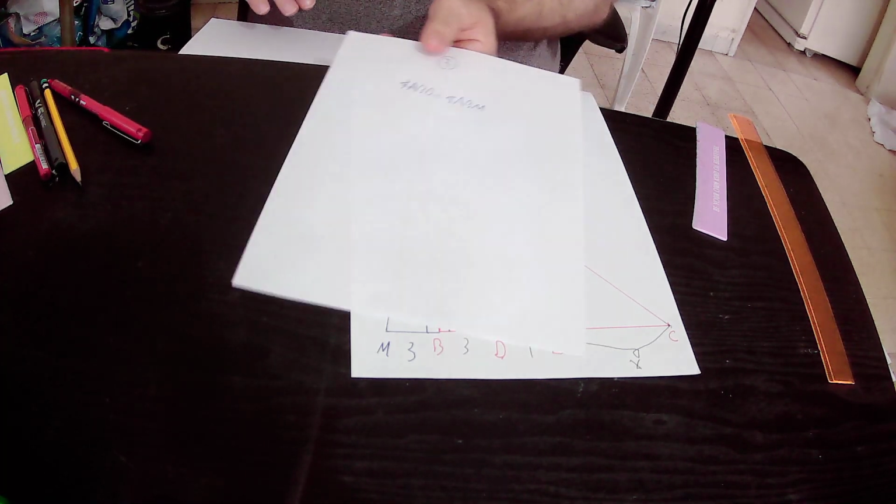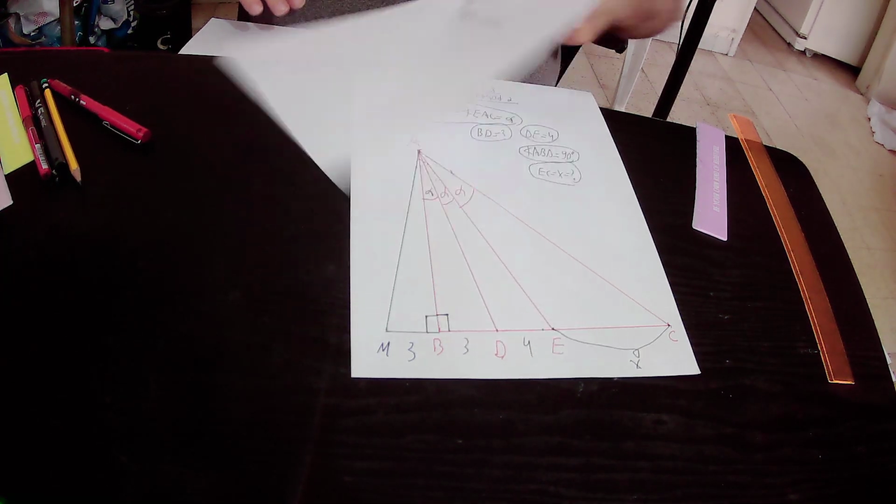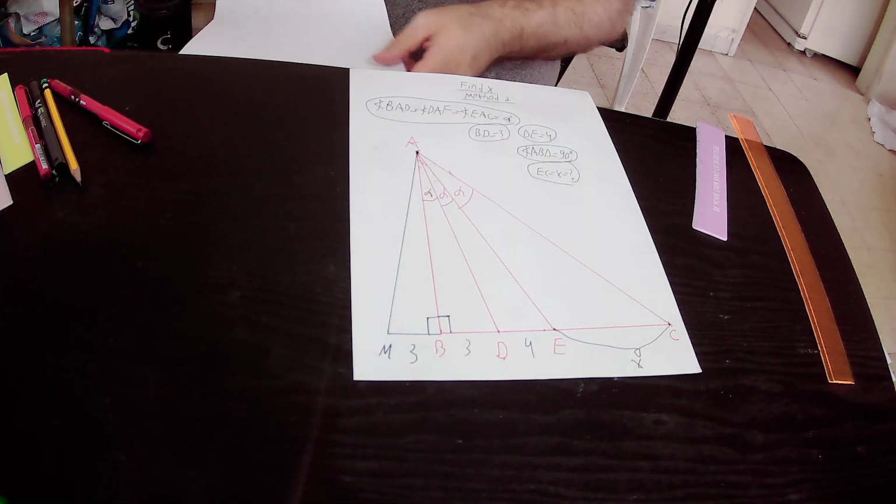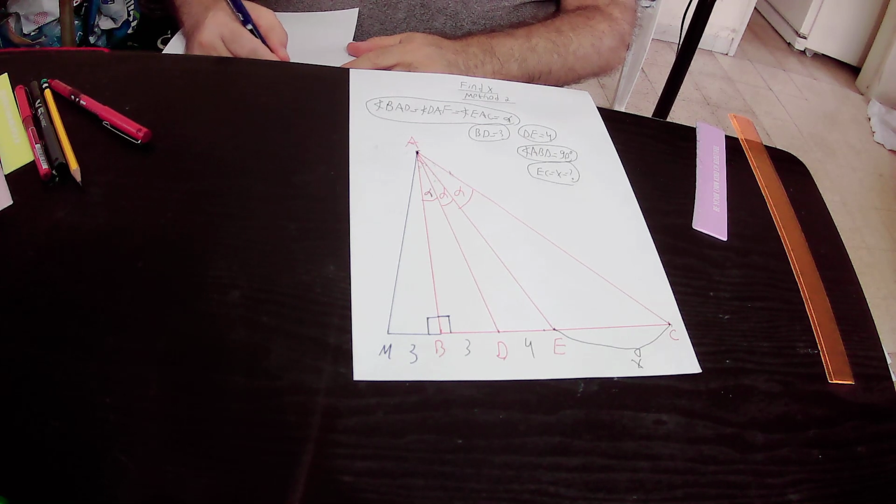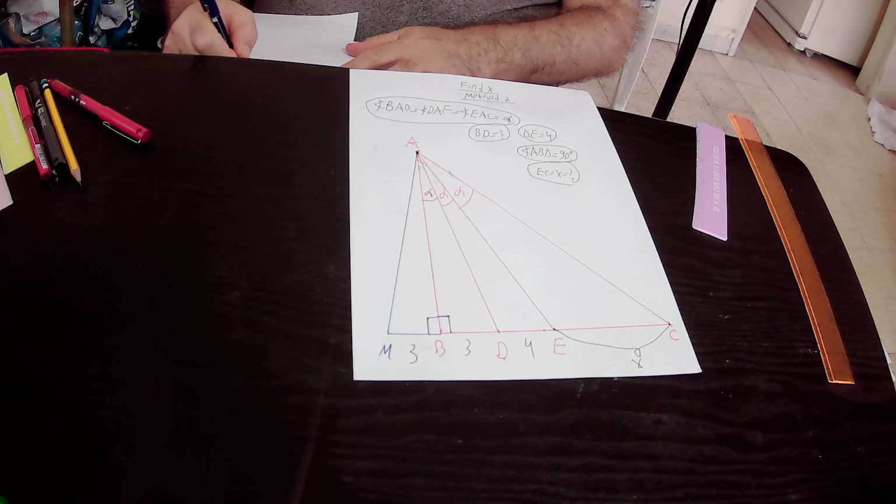angle ABD equals angle ABM according to the rule that corresponding angles in congruent triangles are equal to each other.